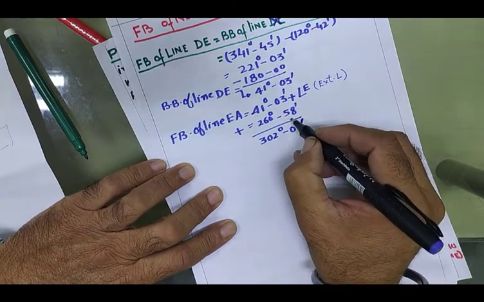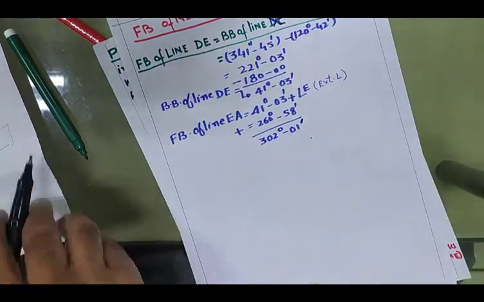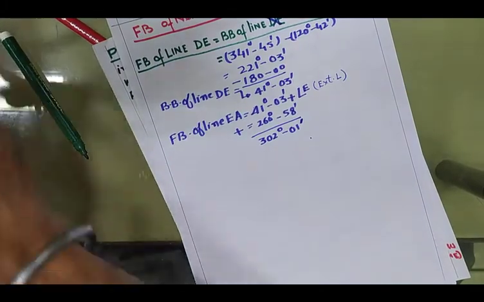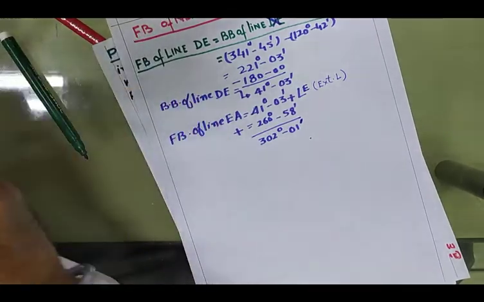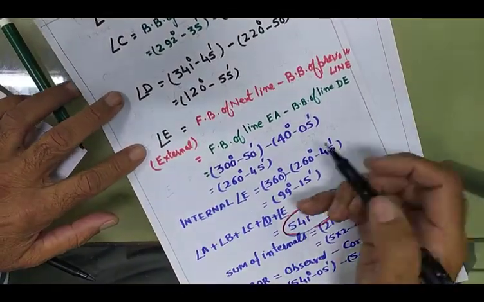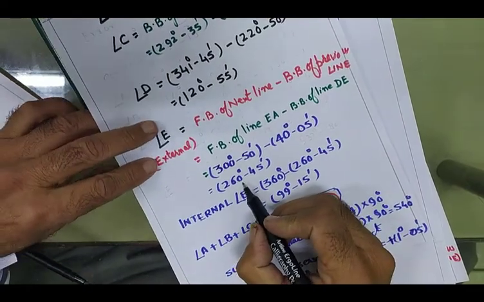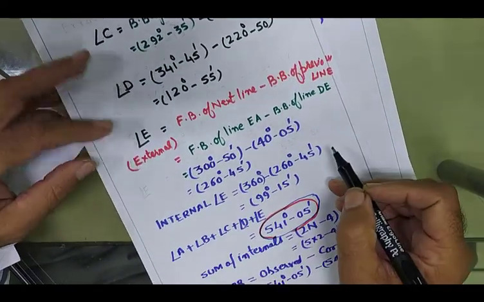Because here you can see I have taken the external angle which you have already calculated in the previous calculations. That comes to be 260 degrees 45 minutes.